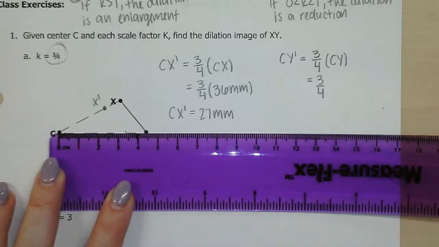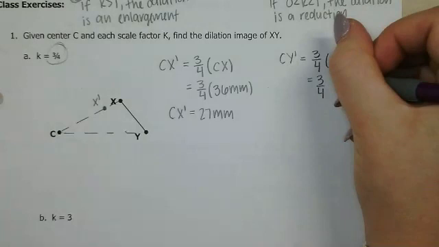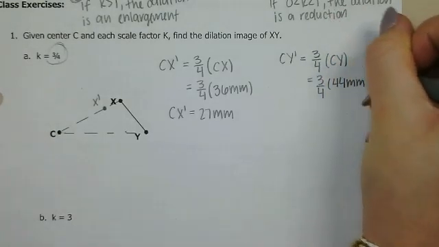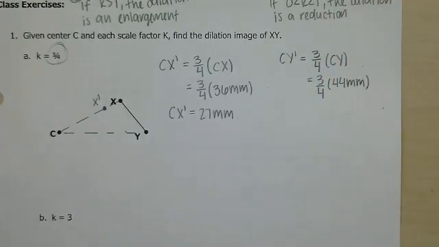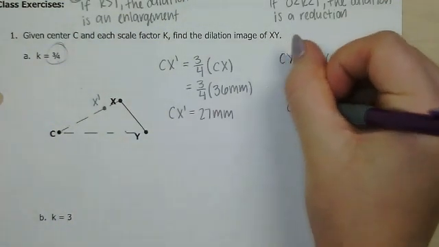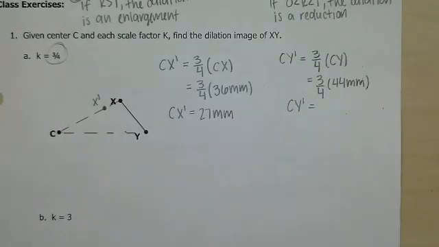That's just under 45. So I'd say that's probably 44 would be my best guess there. And what is 3/4 times 44? 33.